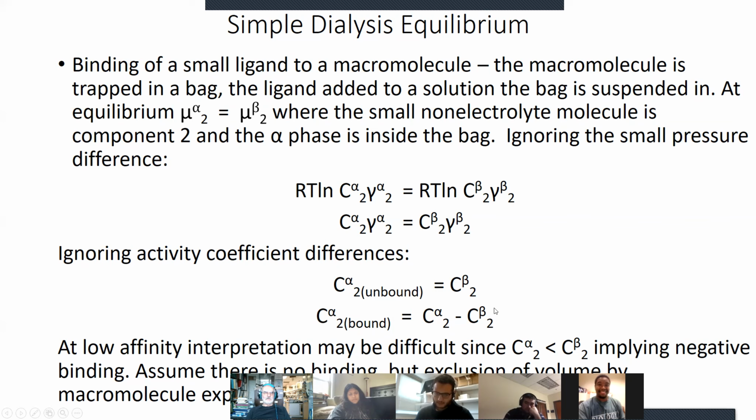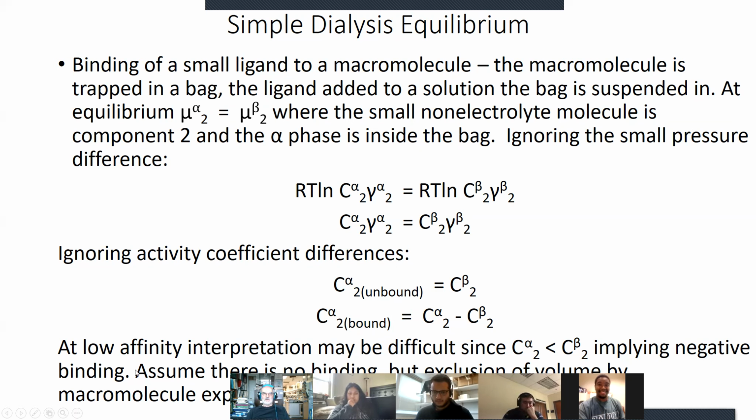This isn't necessarily easy to do at low affinity. And so sometimes the number that comes out implies negative binding, that there's actually less material in the bag than outside the bag, and it seems as though there's some exclusion, right?